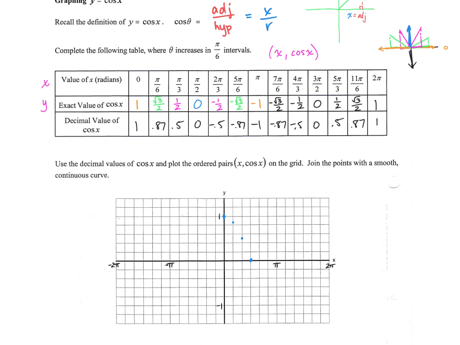And then we continue to rotate, and it gets larger. And then at pi, we're at -1. So we continue to rotate. And again, we end at our maximum because our cos curve is periodic.